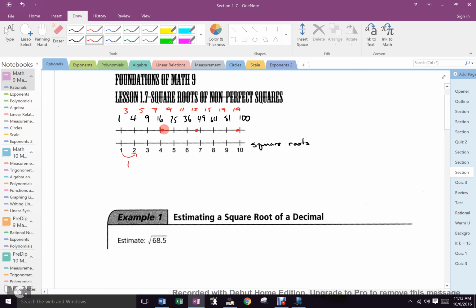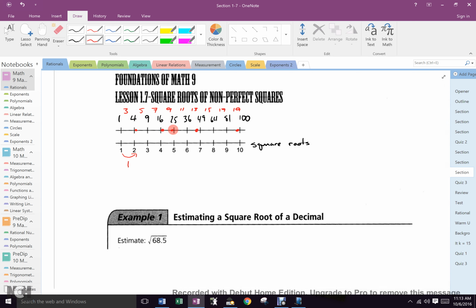Nicely played. Hayden, what do you got? 5. Where'd you put your dot? Right to the right of 4, because 5's a little bigger than 4, yes? Awesome. What'd you pick? 24. Where'd you put your dot? Right to the left of 25. Does everybody see what I'm doing here?